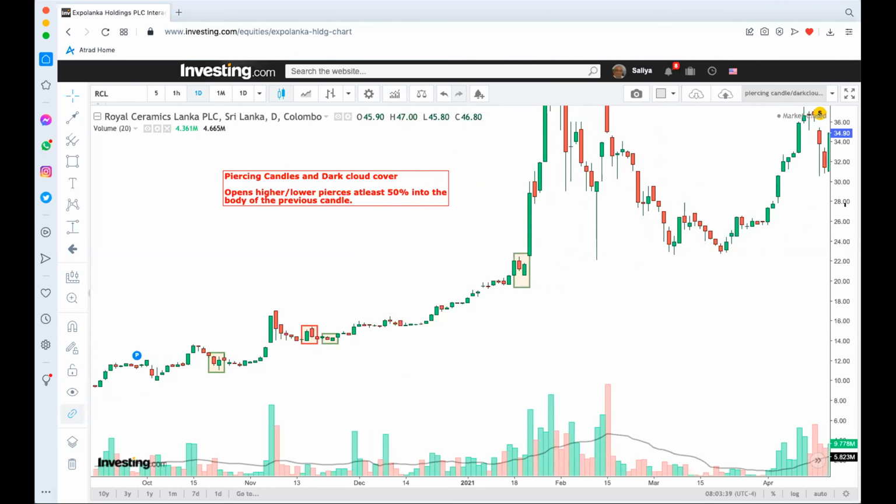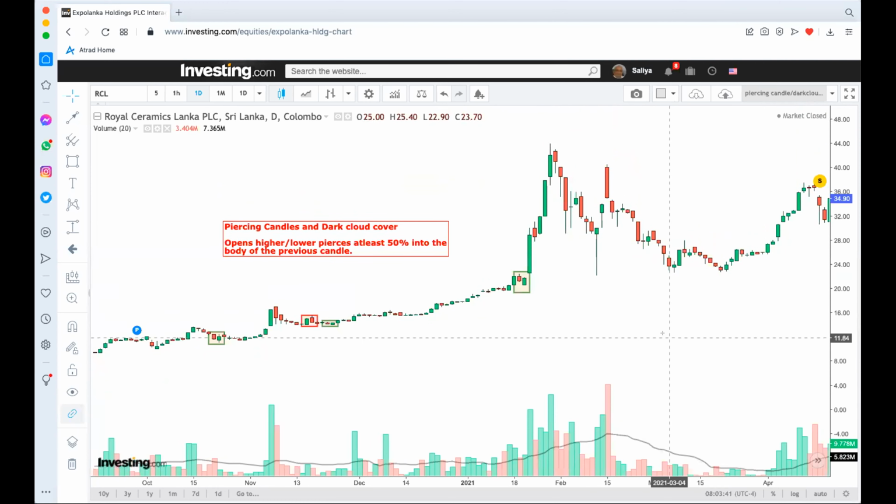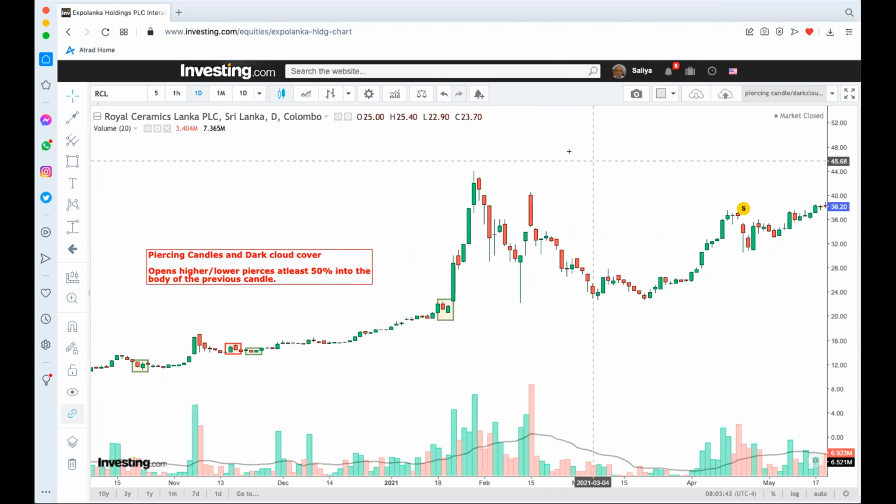Ideal formations again are when these are at the top of the ranges, but of course, at this point we don't know whether this is the top of the range. If you take this rally, this is not the top of the range.